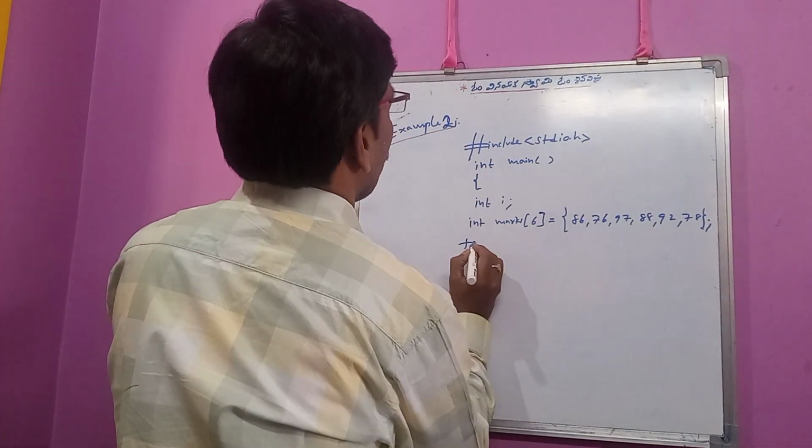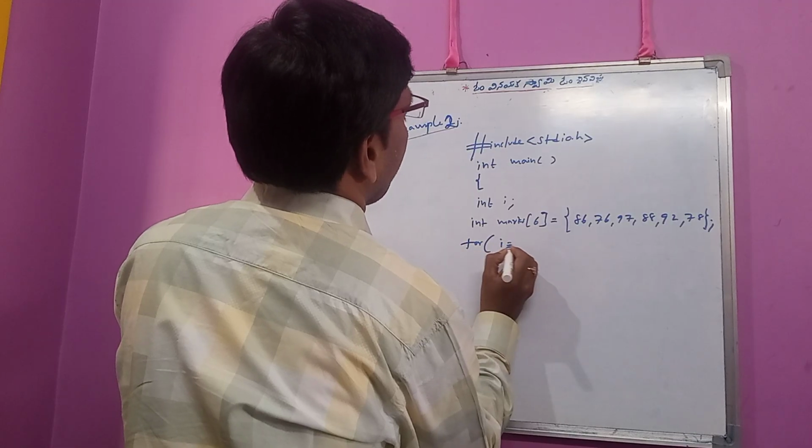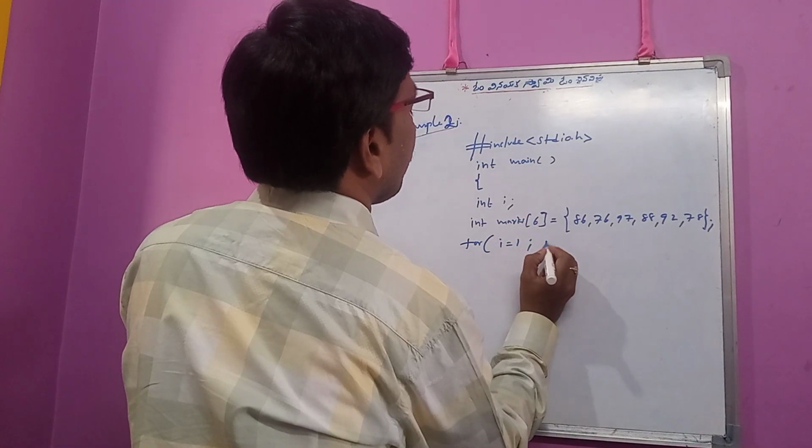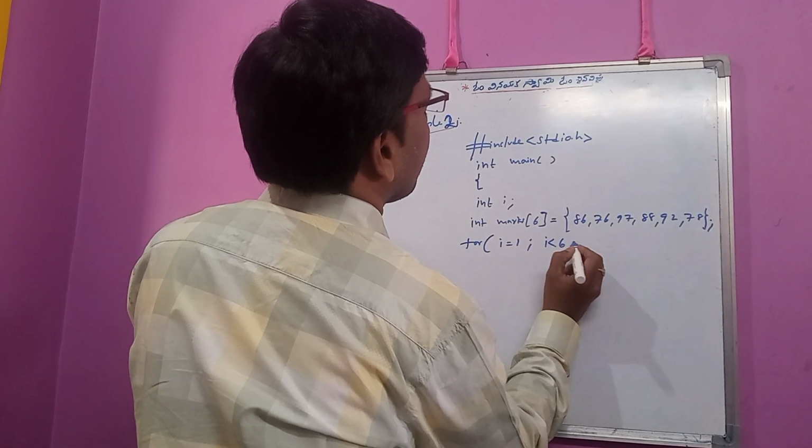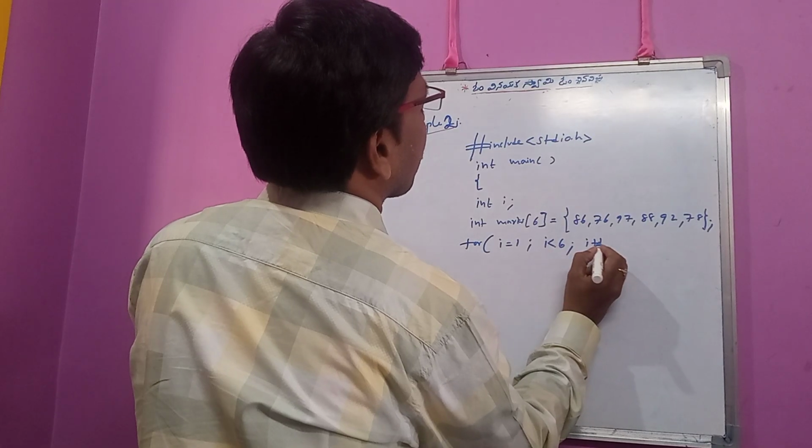Now use for loop: i equal to 1 semicolon i less than 6, i plus plus.